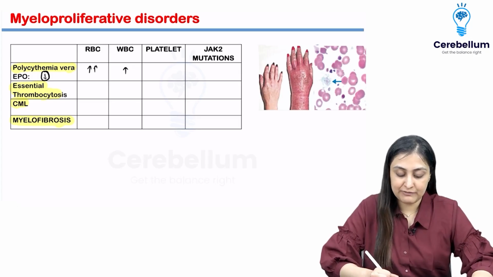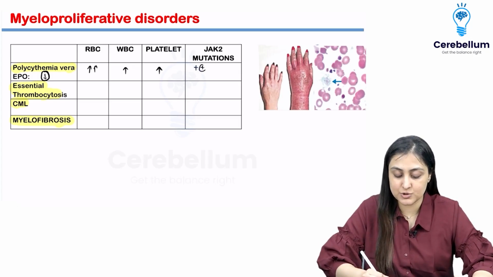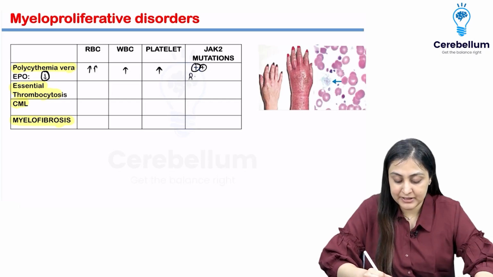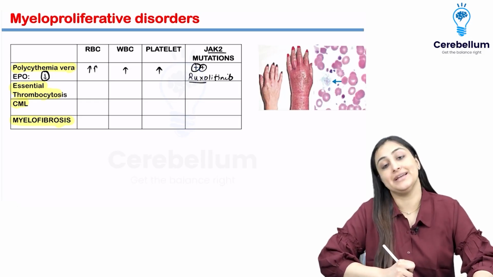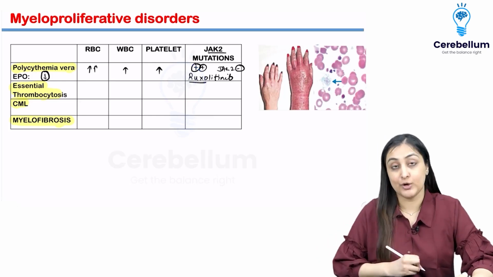Here you also have WBCs and platelets which are increasing, and this is frequently associated with JAK2 mutations, and that's why we can give a JAK2 inhibitor, that is ruxolitinib. Alright, so ruxolitinib is a specific JAK2 inhibitor. Okay, so that is the drug that can be given for polycythemia vera.